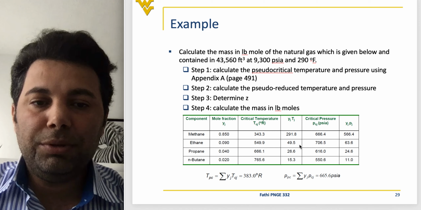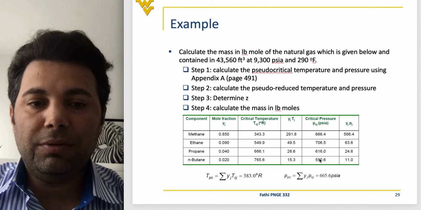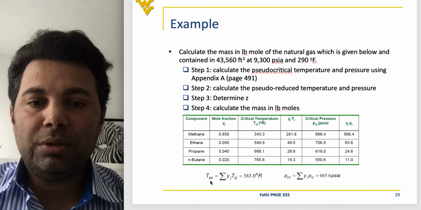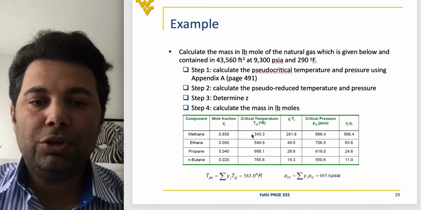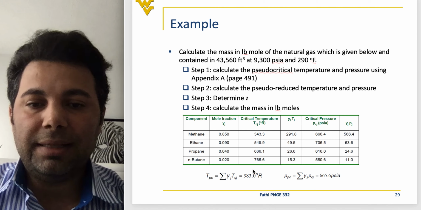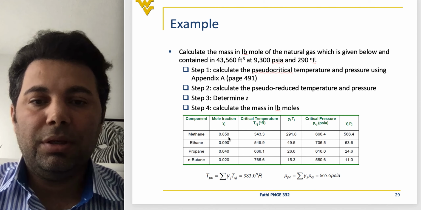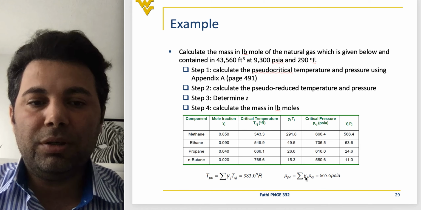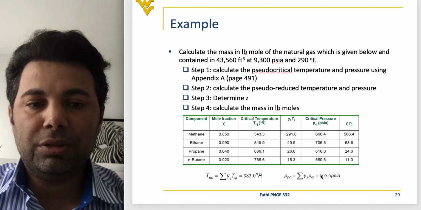The critical temperatures and critical pressures come from the end of the book. Now to find the pseudo-critical temperature, I take the mole fraction of each component times its critical temperature, and sum them up. That's my pseudo-critical temperature. The mole fraction of each component times the critical pressure, summed up, is my pseudo-critical pressure.